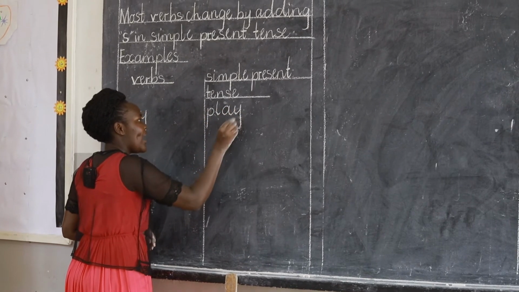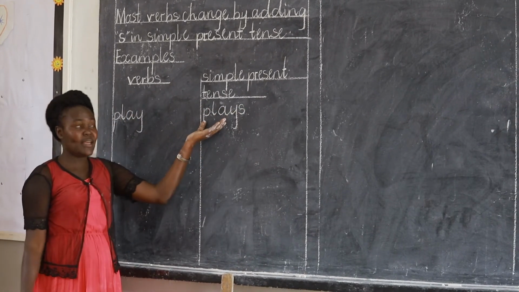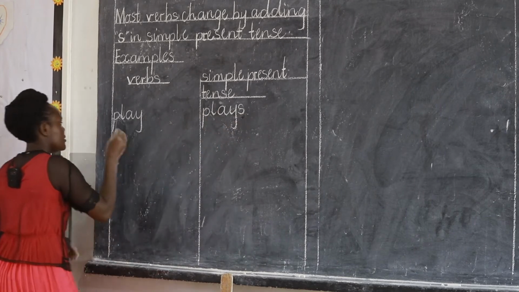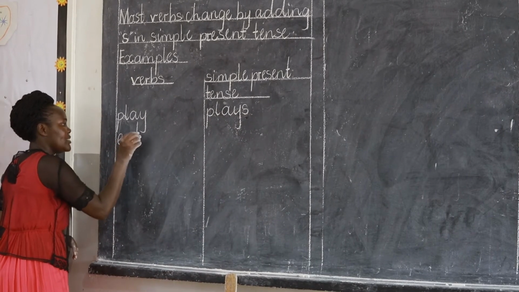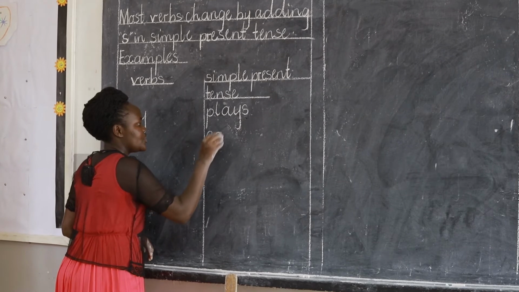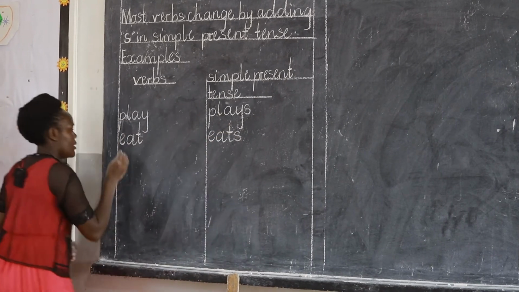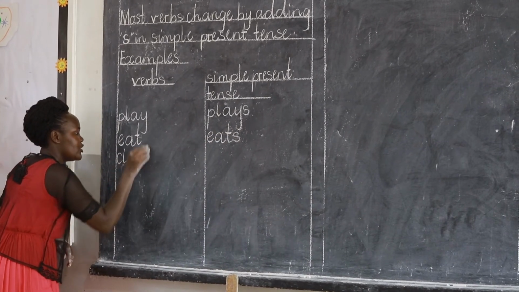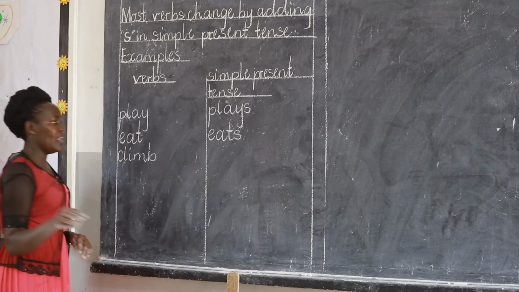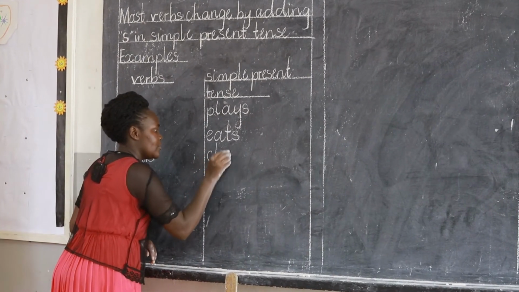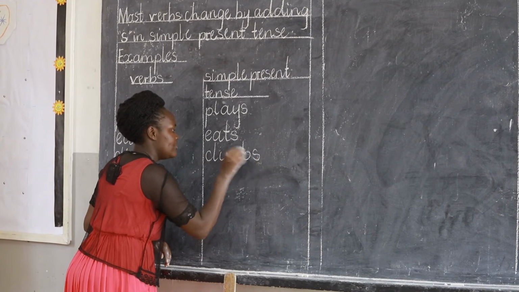Which letter have I added on play to become plays? Letter S. I have eat. It changes to eats. Climb. I know many of you enjoy climbing trees when you go to the villages. So it will be climbs.